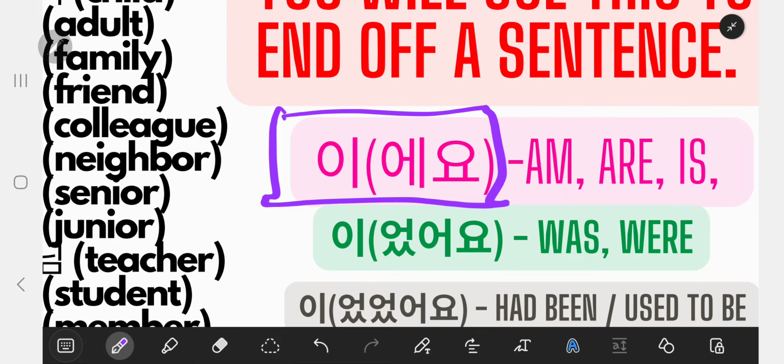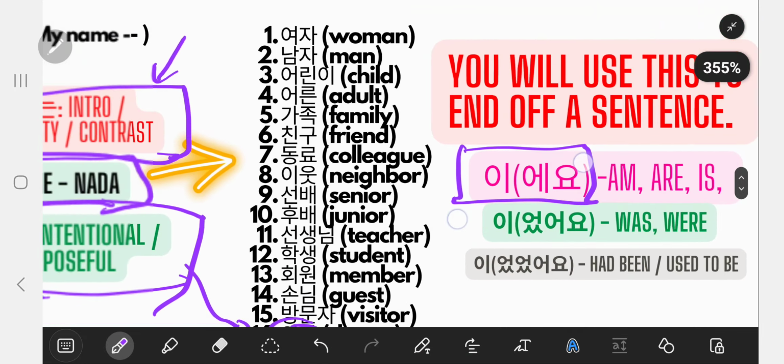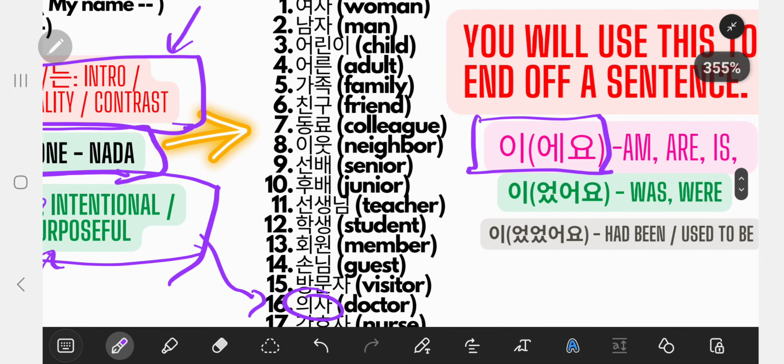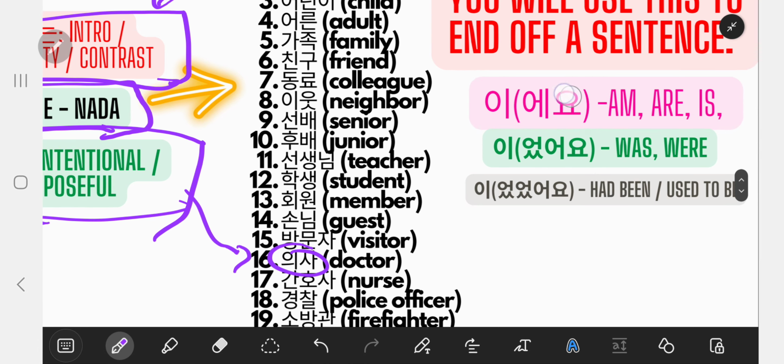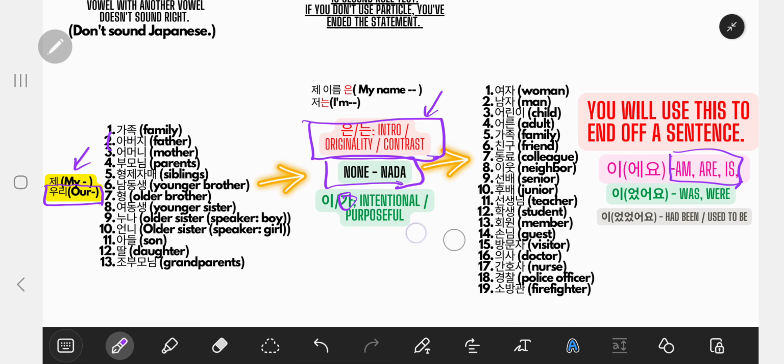If it ends in a vowel sound, then you will say the shorter version. It's pretty much the same with everything else. 이랑 is consonant sound ending. Vowel is just 랑, the shorter way. So it could mean either am or is. So I'll just say 우리 아버지가 의사예요.